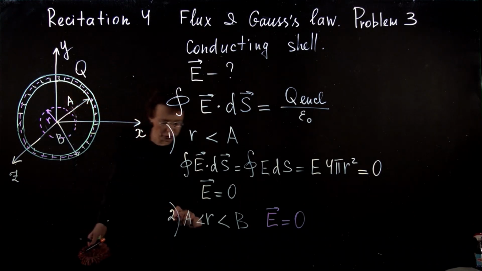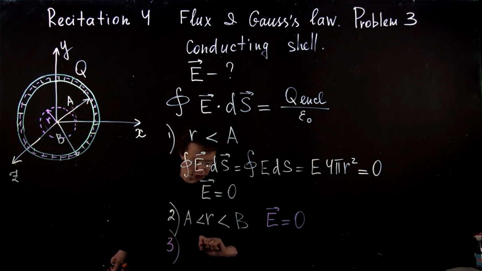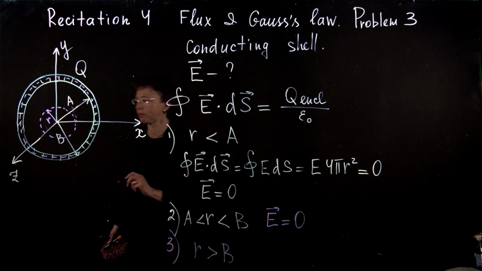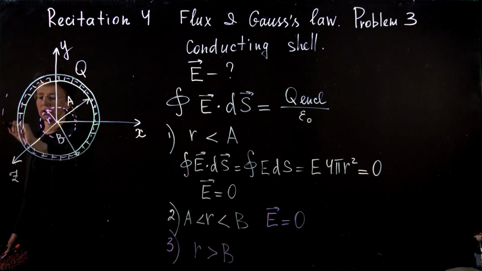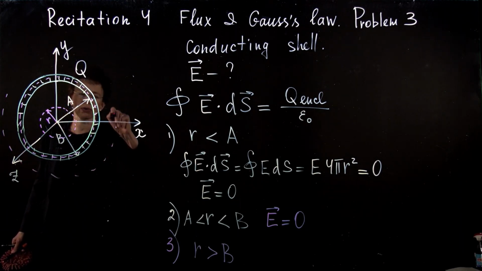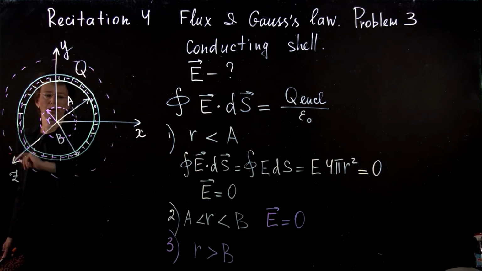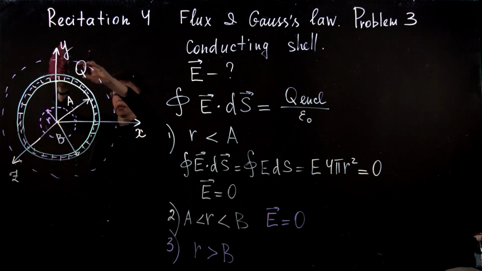Now the third region that we will consider will be r greater than B. Now our Gaussian surface will be in this area.